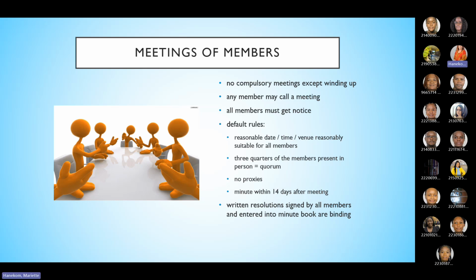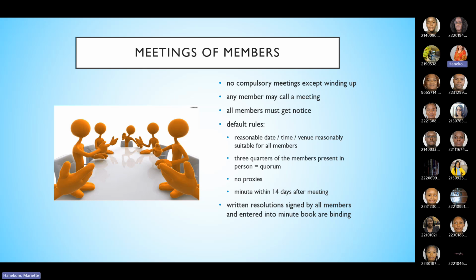Unalterable rules: any member may call a meeting and all members must be notified. The default rules that will apply unless changed is that meetings must be held at a reasonable date, time, and venue, reasonably suitable for the members. So no requirements, 14 days notice, 21 days notice, 28 days notice, no, just as long as it's a reasonable time and everybody's been given notice.